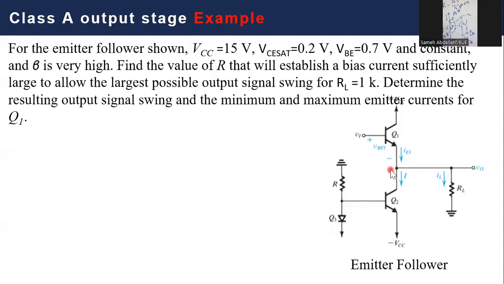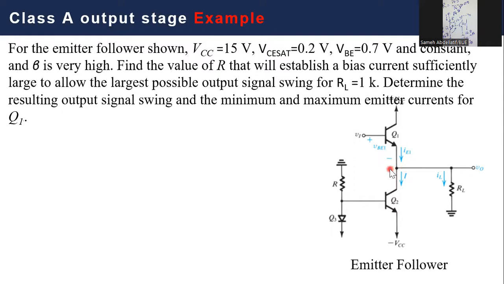So let's start by considering the maximum of this point. What is the maximum of this? As we just mentioned, the maximum of this point is to reach VCC minus VCE SAT1, which is typically 14.8. In this case, what will happen, my dear students?